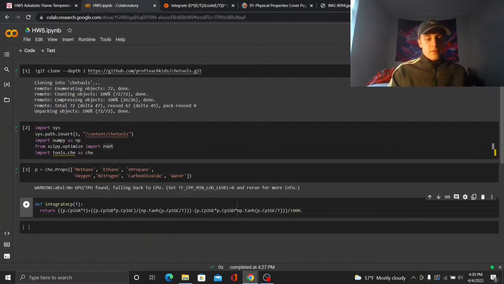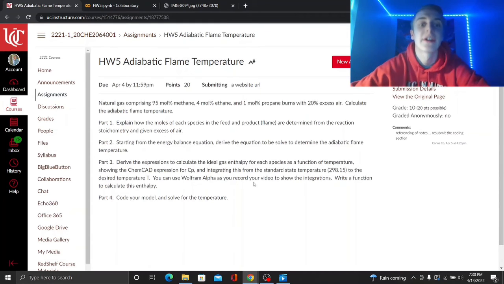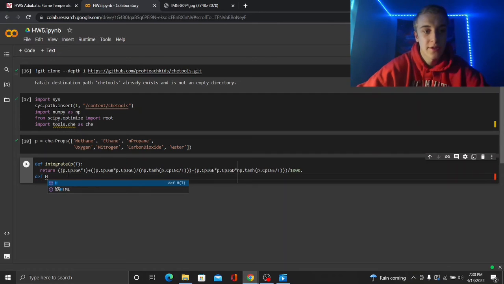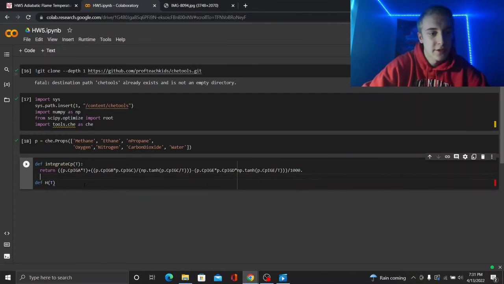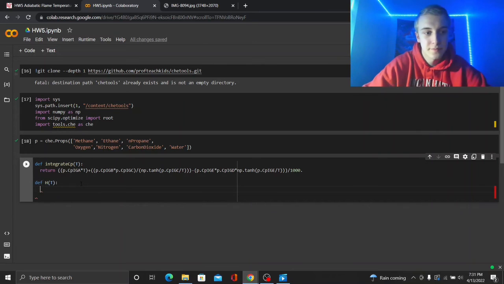So now finally we can actually calculate our ideal gas enthalpy, which is the goal for this video. How we're going to do that is first we need to define a function for the enthalpy.